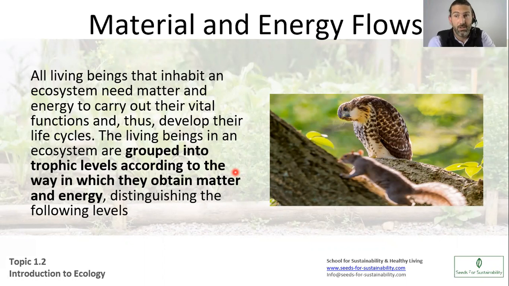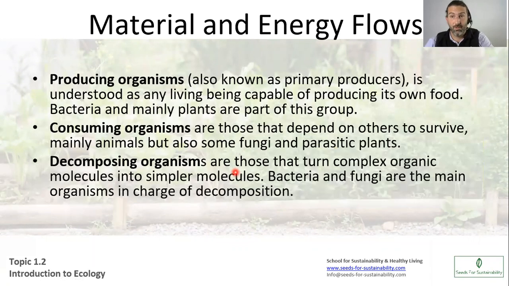Yet, like I said earlier, all theories and models exist as long as they haven't been falsified. So it has been around for a while, so probably it has something very interesting for us to carry. Here we differentiate between producing organisms, consuming organisms, and decomposing organisms.